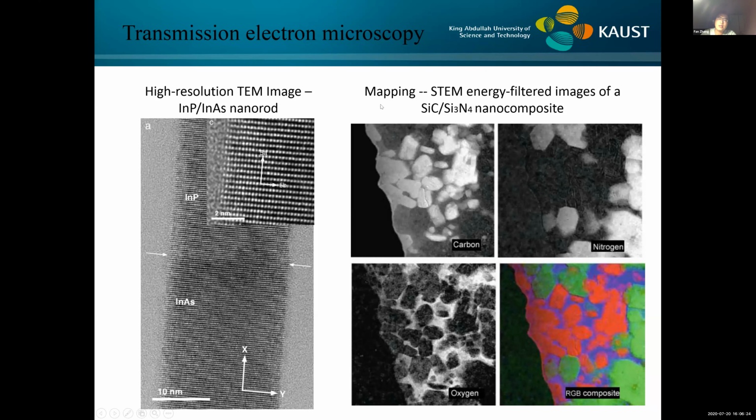The second one is mapping. As we have mentioned, the X-rays will tell us the elemental information. So here is a composite, and the TEM can tell us what kind of elements the sample contains and the distribution of the elements. Here is carbon, nitrogen, and oxygen, and this is a composite.